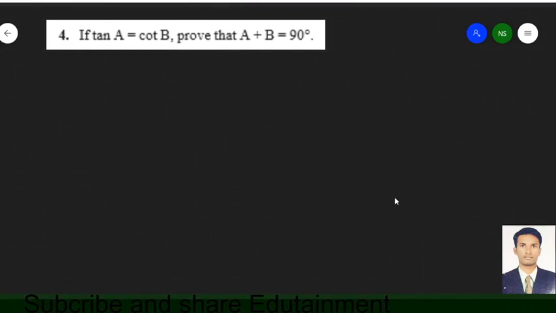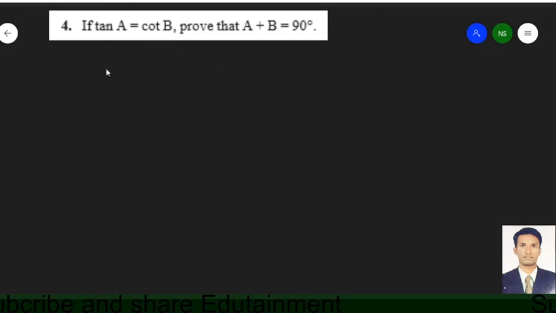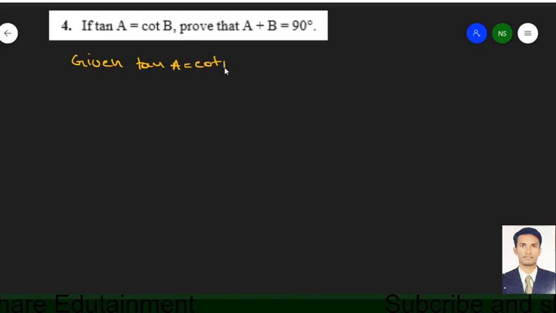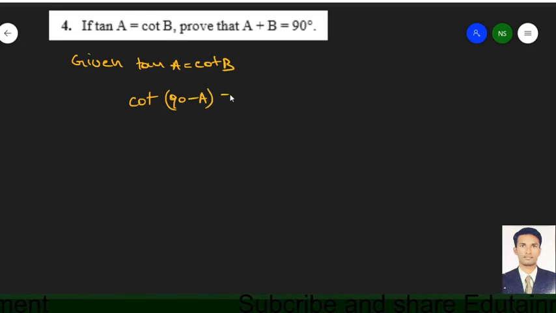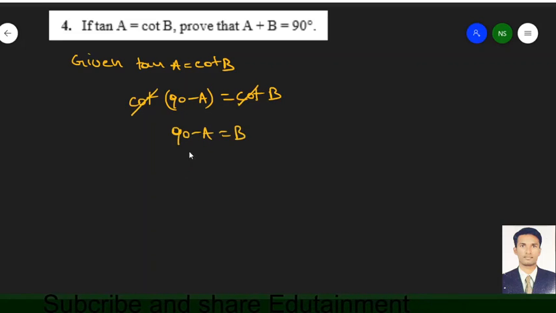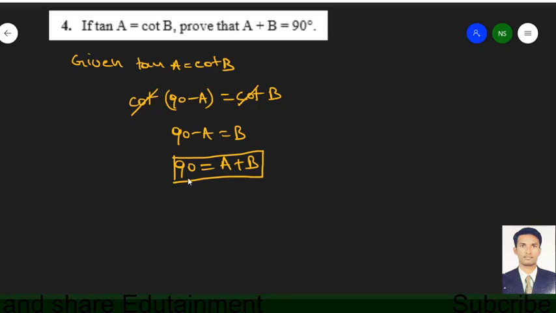If tan A equals cot B, then prove that A plus B equals 90. Let us copy what they give: tan A equals cot B. This tan A we can write as cot(90 minus A), which is our formula, equals cot B. Now we can remove the cot on both sides, then we will be left with 90 minus A equals B. Sending the A to the other side, 90 equals A plus B. This is what we wanted to prove.